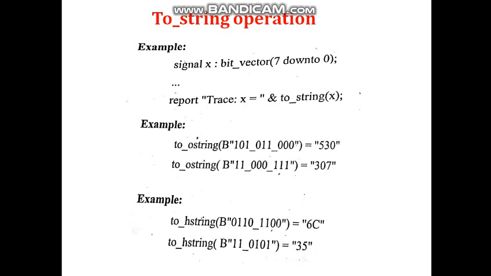That is a simple example of the to_string operations that we have. Simply you have to remember that in to_ostring, O means octal, and in to_hstring, H means hexadecimal. So whenever there is an O string, it means an octal number. Whenever there is an H string, it means a hexadecimal number.